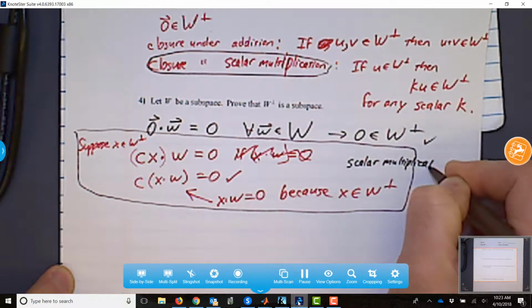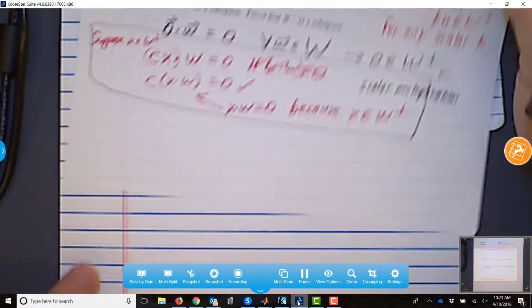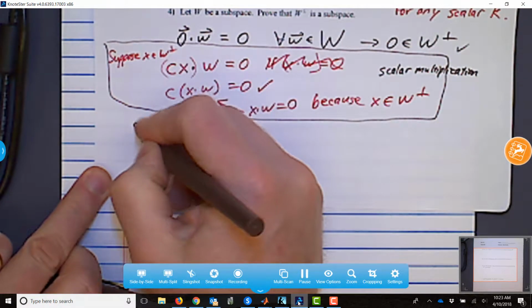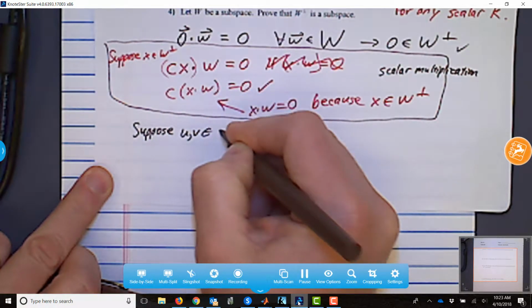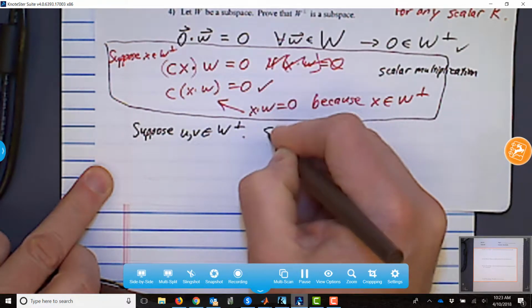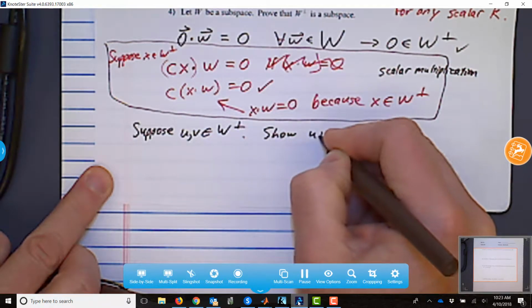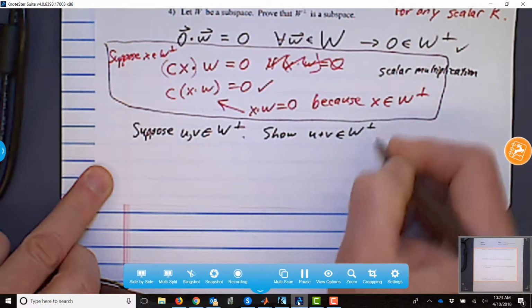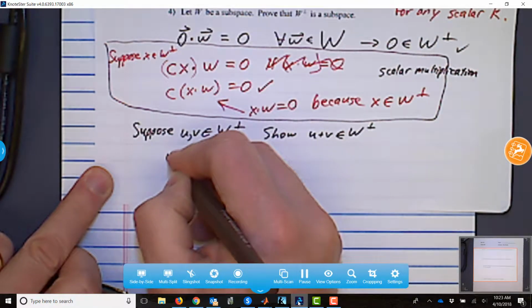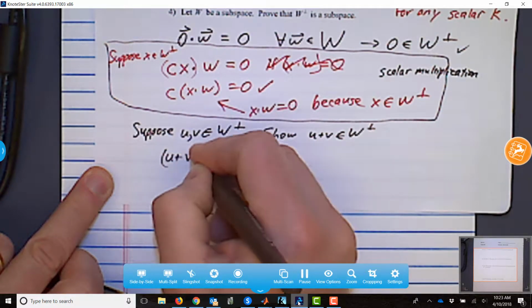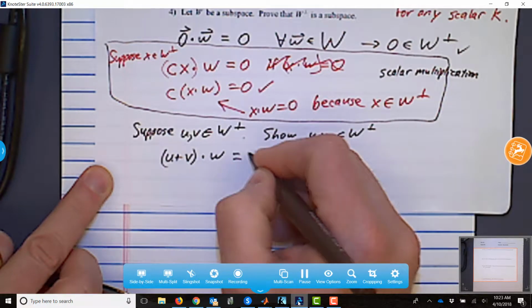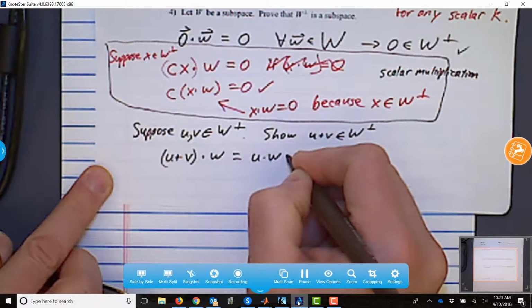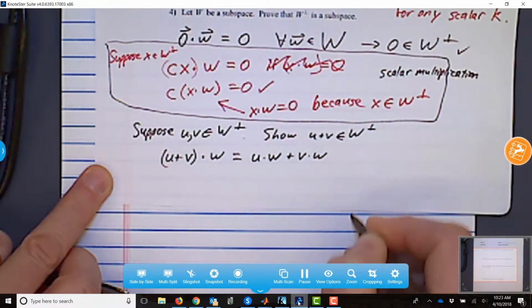So maybe the last thing we have to check now would be addition, right? So for the last one, let's suppose U and V are in W perp, and let's show that U plus V is in W perp. Well, how do we do that? We take U plus V dot W, but that equals U dot W plus V dot W, right?